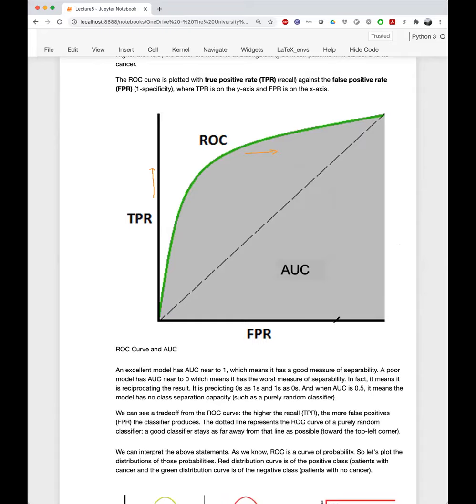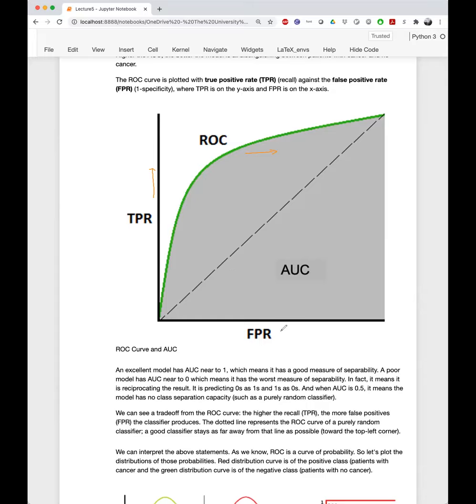That means you have to increase your FPR. That means if you want to improve your recall, then you have to increase the false positive rate. In the cancer detection problem, if you want to increase your recall, that means you want to catch as many positive cases as possible, then you will increase the false positive rate.